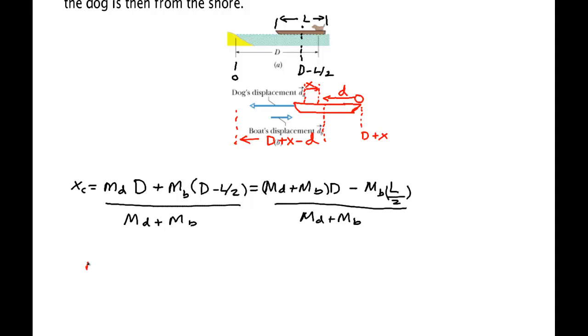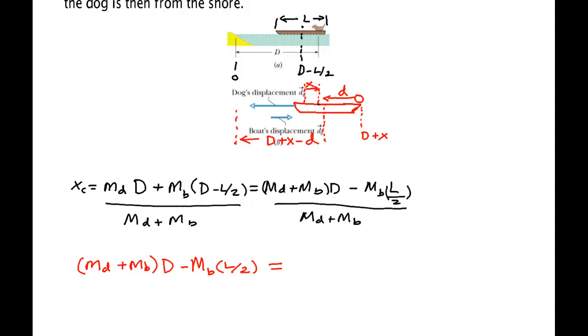What I have for the numerator is, initially, mass of dog plus mass of boat, all of that times d, minus mass of boat times L over 2, and that has to equal my new set of positions.